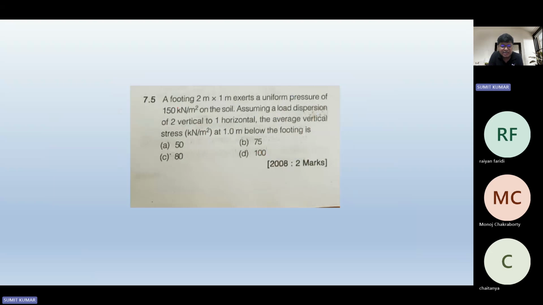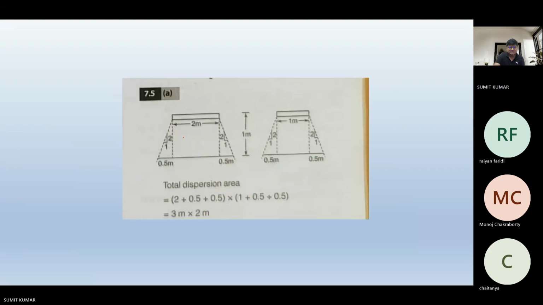So you just need to calculate 150 multiplied by 2 into 1 divided by 2 plus 2 into 1 plus 2. If I could calculate correctly, option number A is the correct answer.